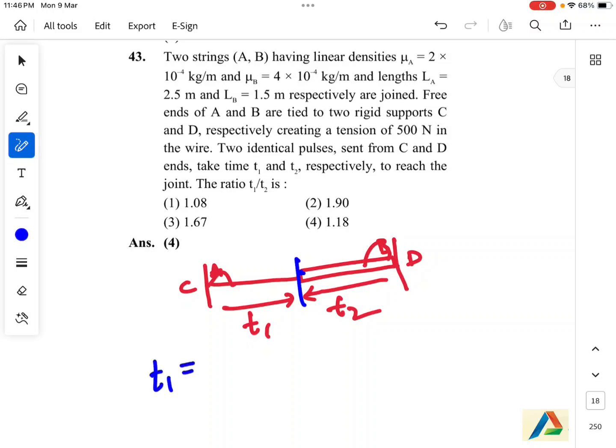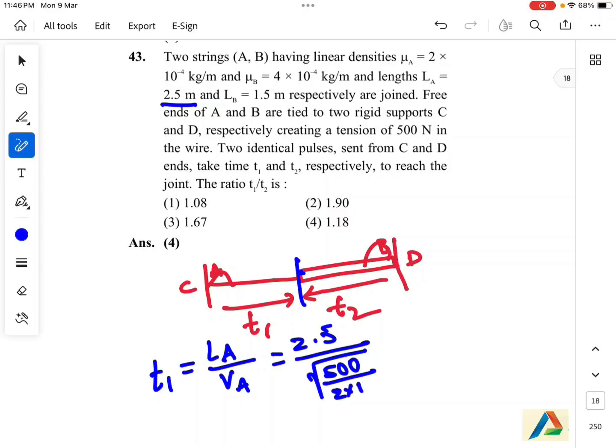T1 will be equal to the distance covered in the first one, that is LA divided by VA. LA is, looking at the values, 2.5. So 2.5 divided by VA, which is root of T by mu, that is 500 divided by mu, which is 2 into 10 power minus 4.